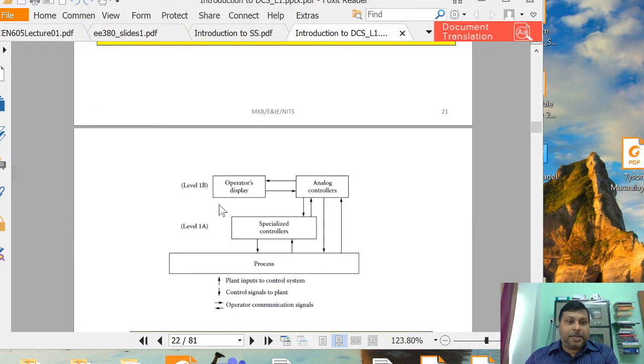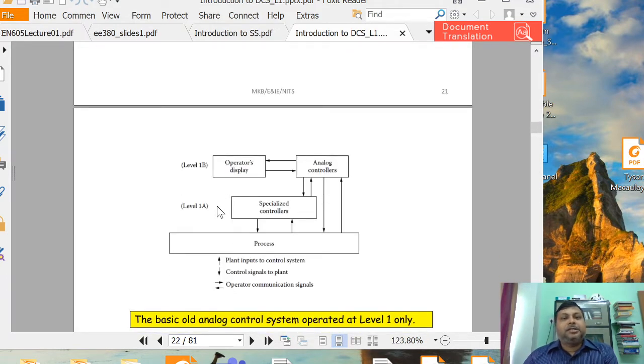Mainly the analog controllers, means all the PID actions were generated by operational amplifiers. They are implemented with the operational amplifier.